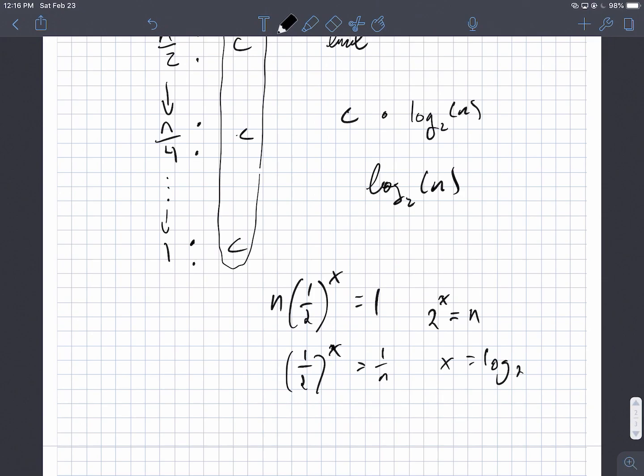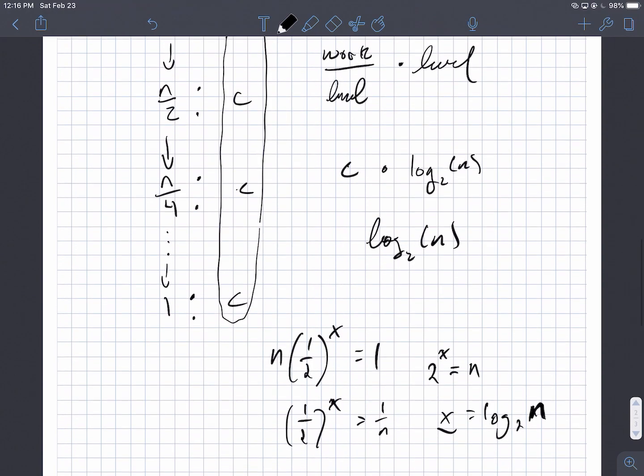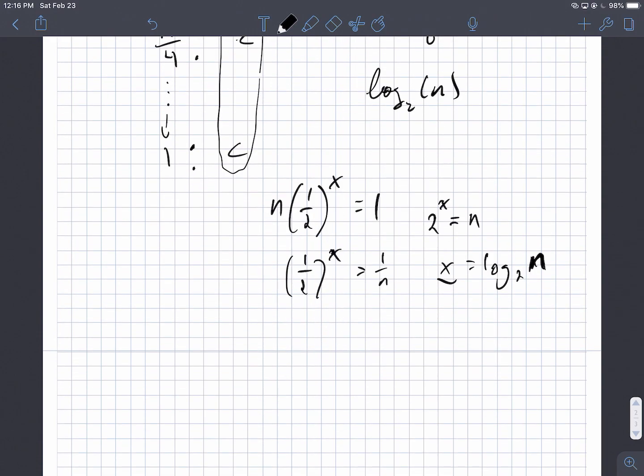So what we're saying here is that the number of times that we had to divide was equal to log base 2 of n. So that's how many C's we have. We have log base 2 of n C's. And C is just a constant number, so this runtime would be big O, big theta actually, of log of n.